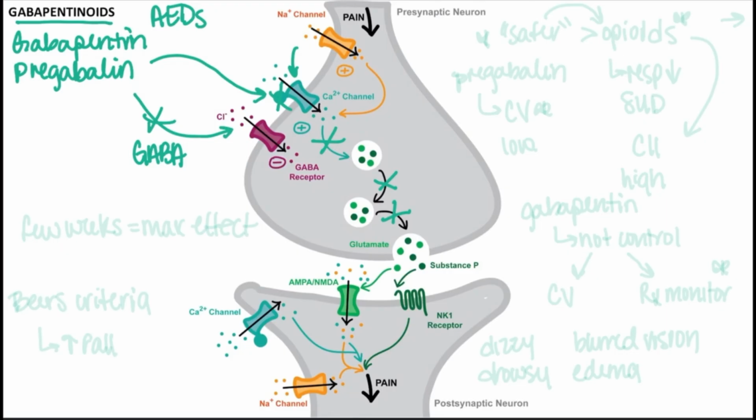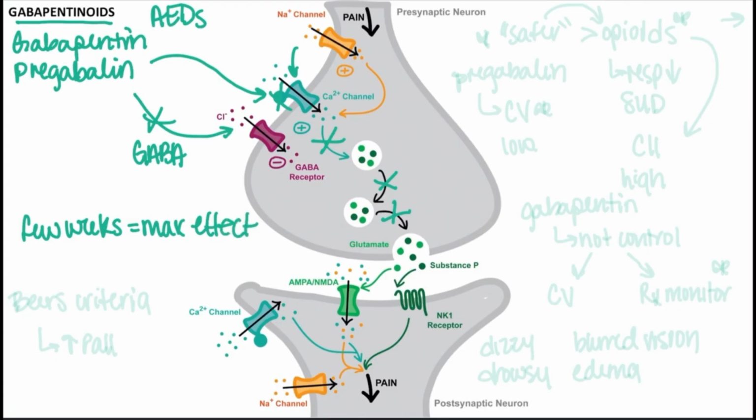So because we're altering neurotransmitter release, eventually over time, you can imagine that this may lead to some neurotransmitter changes and receptor regulation. And this is why these may not fully provide pain relief acutely and may take a few weeks to see maximal effect, which is going to be a theme for the adjuvant analgesics.